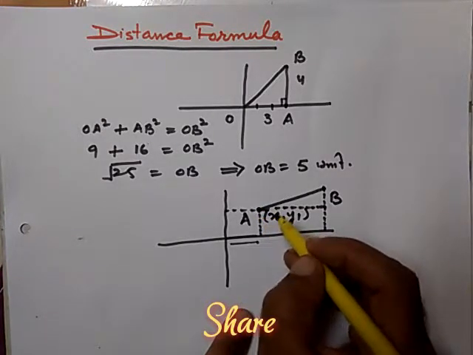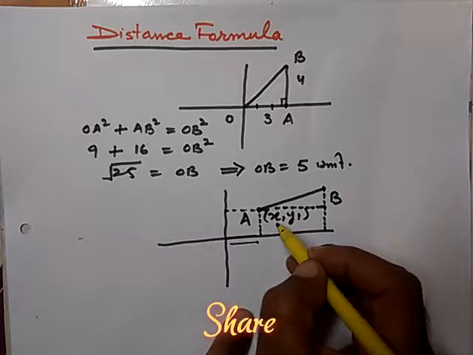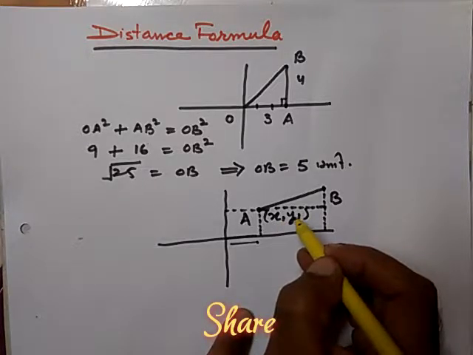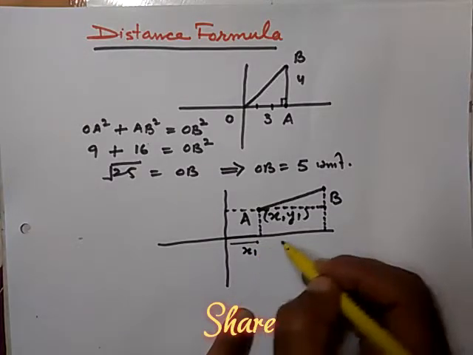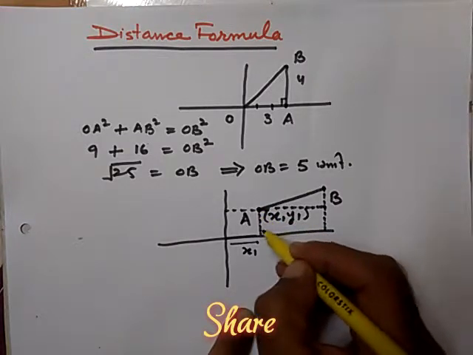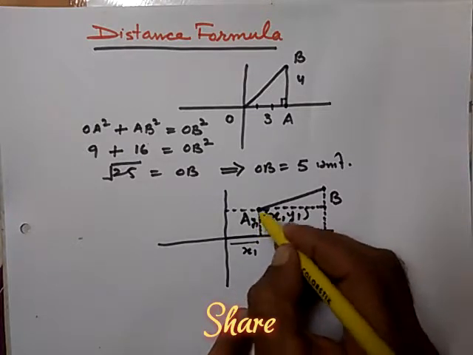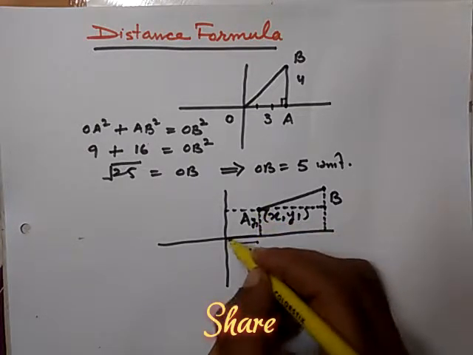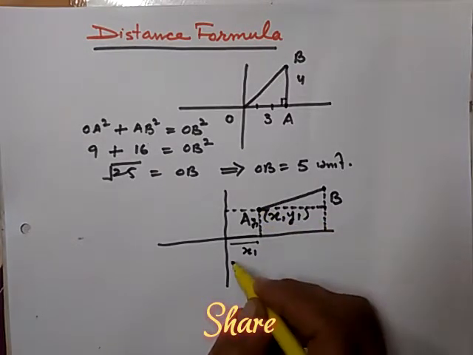Let me clear you that the coordinates of a point are x and y. The x coordinate is called abscissa and the y coordinate is called ordinate. Along the y-axis, say this distance is y1. So the height is y1, this length is x1, and hence the coordinates are x1, y1.